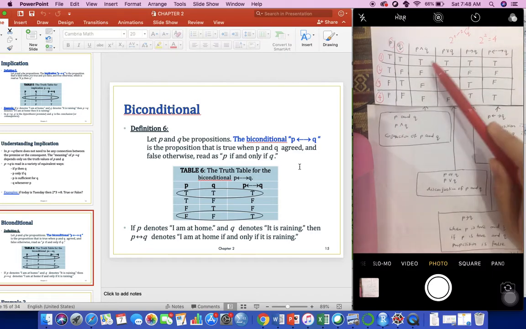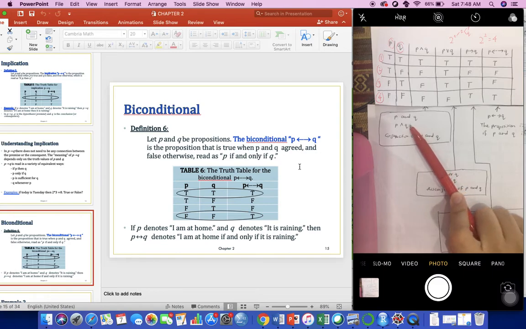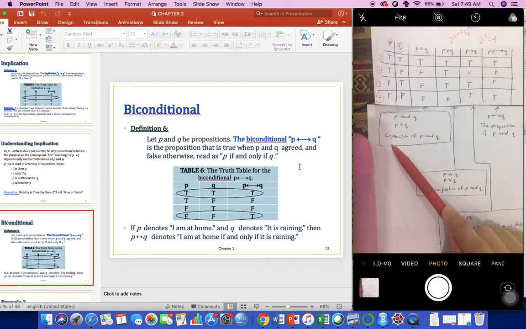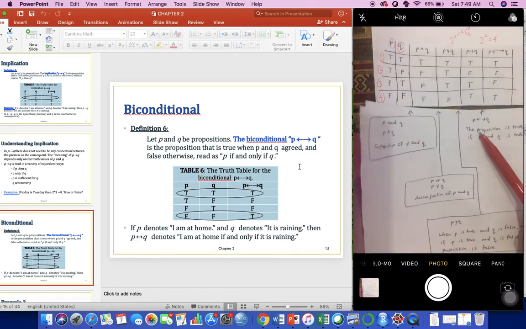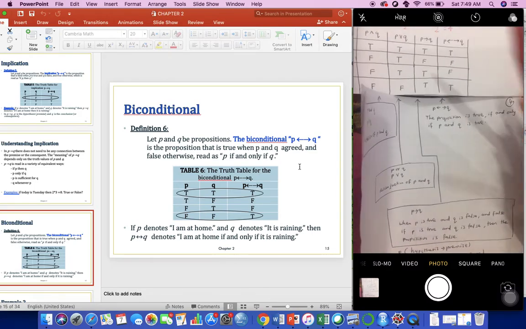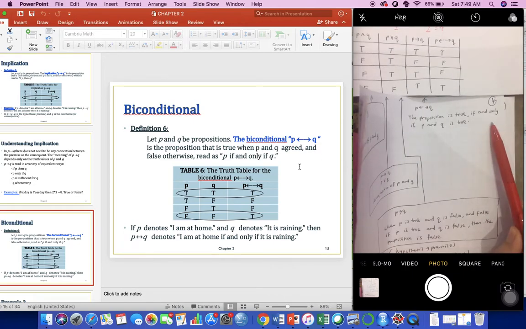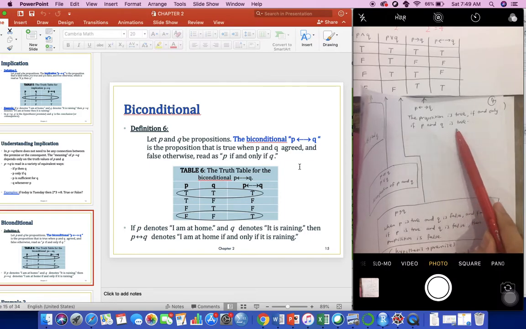This row we call P and Q, or you can write P, the symbol for and, Q, which is the conjunction of P and Q. For this row, P or Q, you can write P, the symbol for or, Q, which is the disjunction of P and Q. For the last one, P, the symbol arrow going both ways, Q, the proposition is true if and only if P and Q have the same truth value.